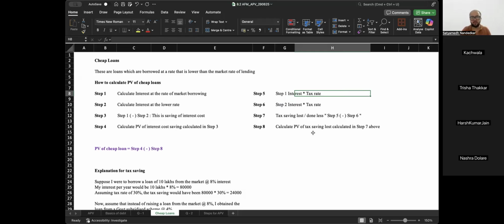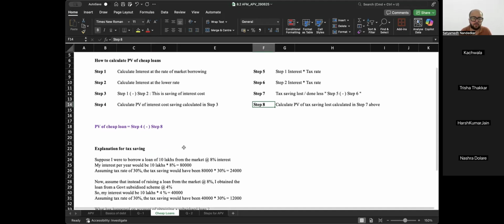Tax saving that you are making because you have borrowed using the lower rate of interest, वो यहाँ पे calculate करो. Calculate the difference between step 5 and step 6, which is basically the tax saving lost. और जो tax saving कम हुआ उसका value निकालो. Calculate the present value of the tax saving lost. PV of cheap loan is step 4 minus step 8.